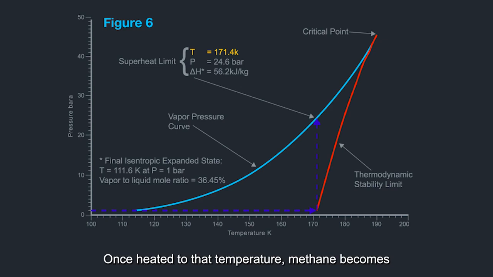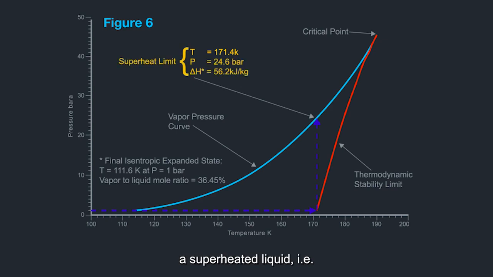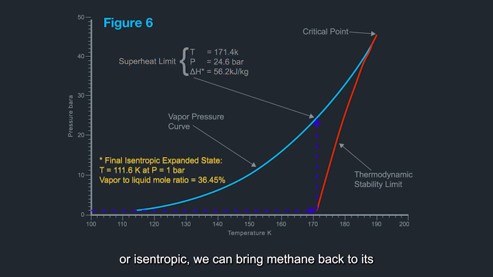Once heated to that temperature, methane becomes a superheated liquid, i.e., a saturated liquid with a vapor pressure of 24.6 bars. Methane reaches the superheated state and has to give up its superheat by expanding because the ambient pressure is 1 bar. If we assume the expansion process is reversible, or isentropic, we can bring methane back to its superheated state by adding back the same amount of energy it lost when it expanded.